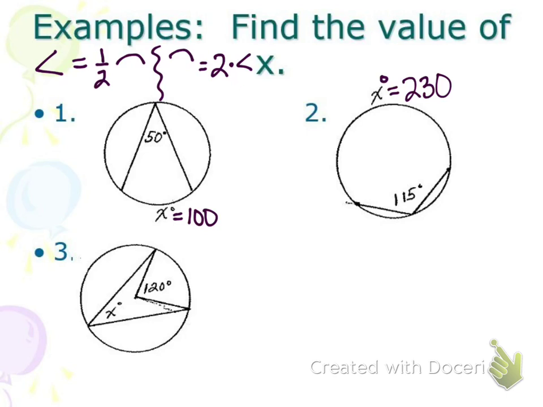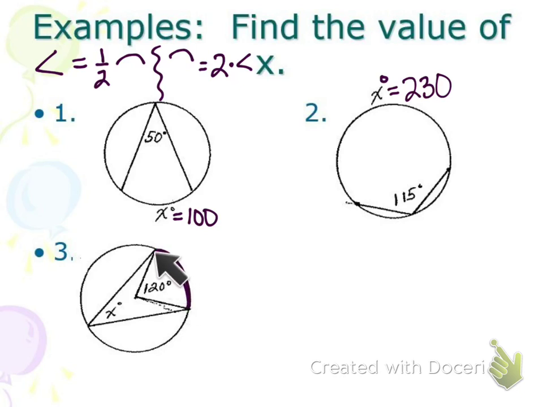All right, number 3 gets a little bit tricky because they did not give us this arc here that's intercepted by our inscribed angle. They did give us the central angle for that arc. What do we know about central angles and arcs? They are congruent.